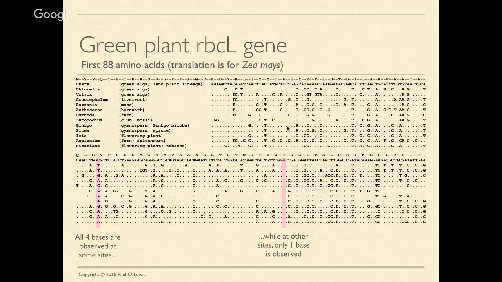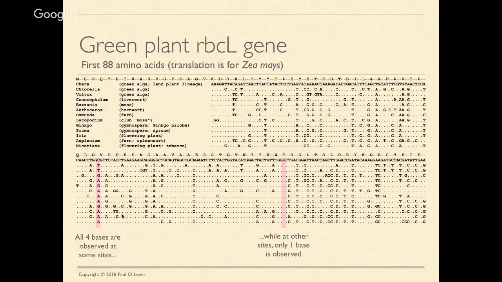So you can see that third codon positions tend to have more changes than first and second codon positions in this representation. It makes it clear that there's a regularity in the high rate sites. Here's the amino acid translation for ZMAs that just shows you where the codon boundaries are.